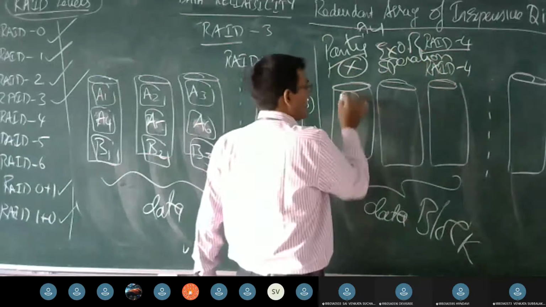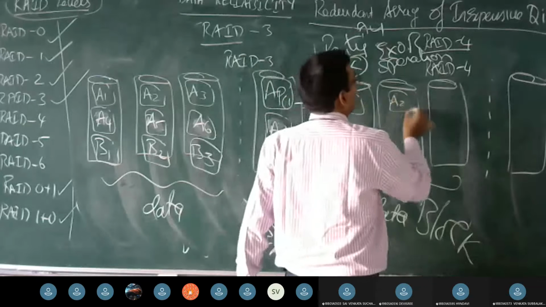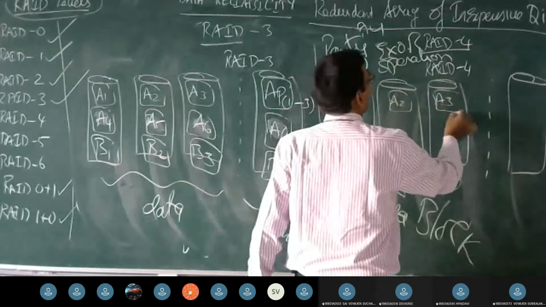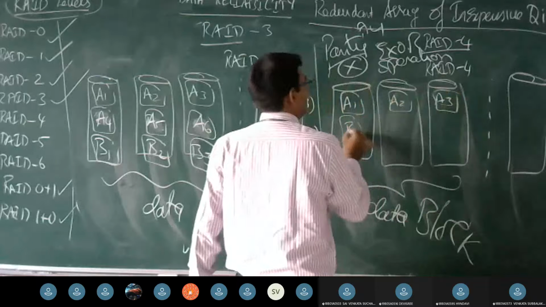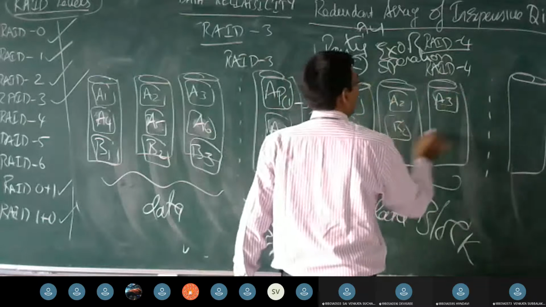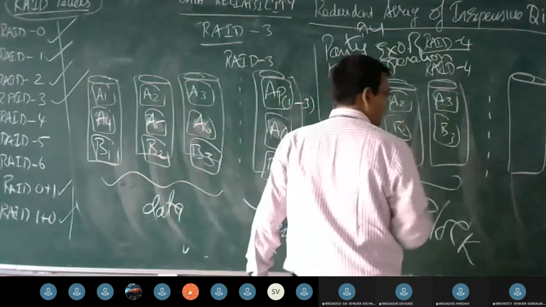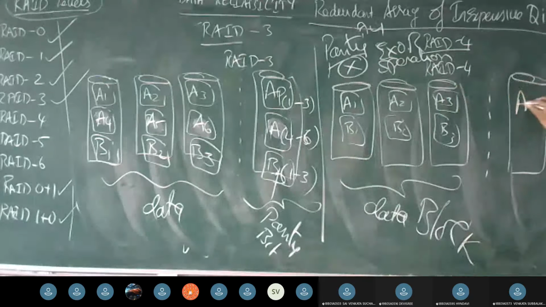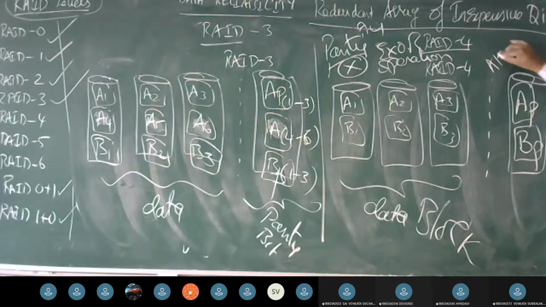So I am going to have some A1, A2 and A3. Then B1, B2 and B3. Now for the entire A, I have a parity bit. For the entire B, I am going to have a parity bit. So I make an XOR operation with A1, A2 and A3.